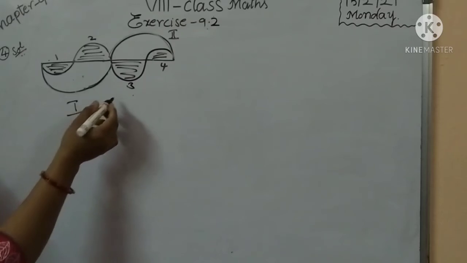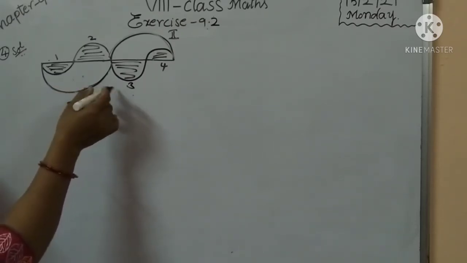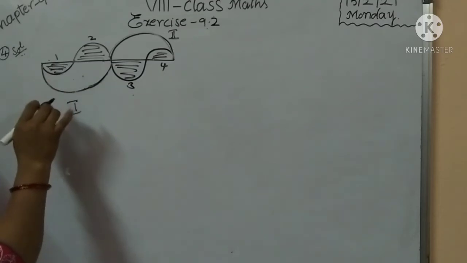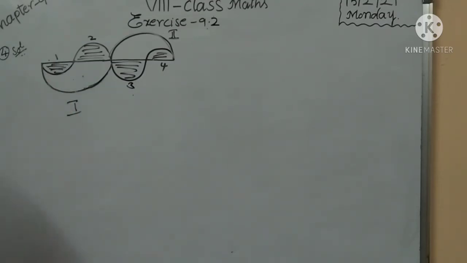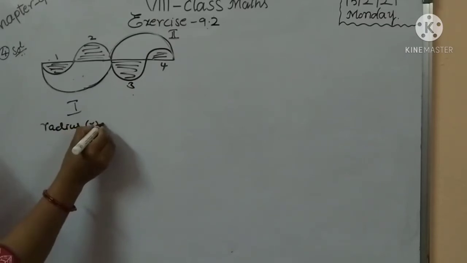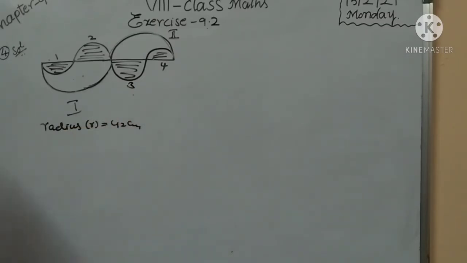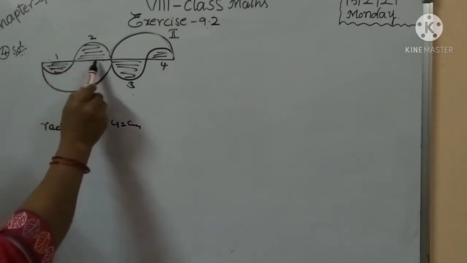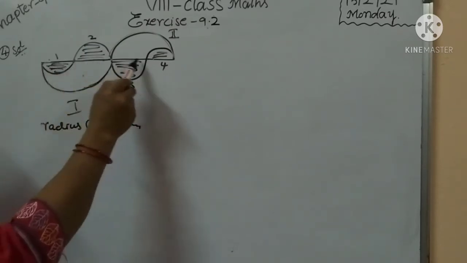Find the area. So here given the radii: two big semicircles of equal radii, each 42 centimeters. Find the area of shaded part. Once observe, children. So first here total up to here to here, these are total diameter.